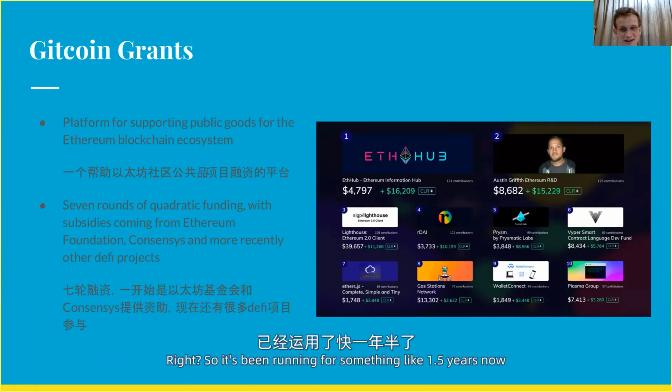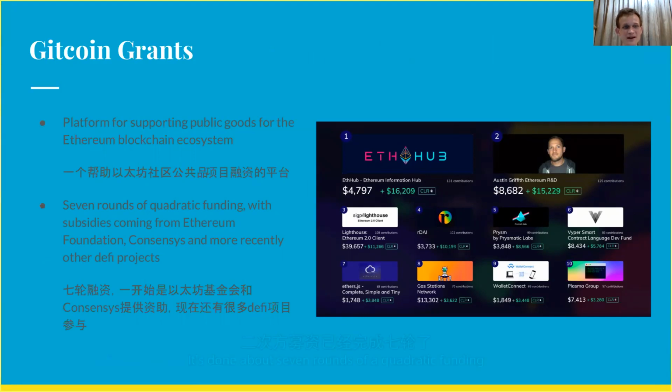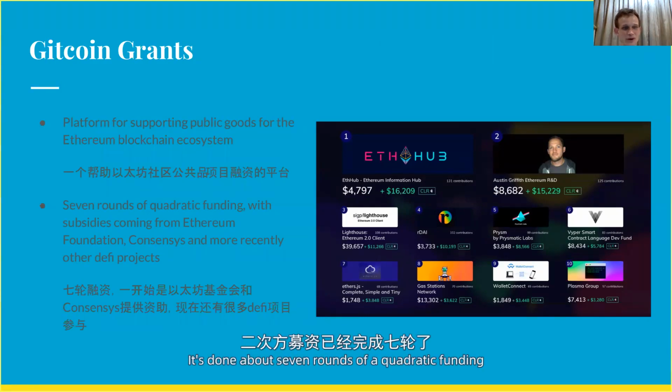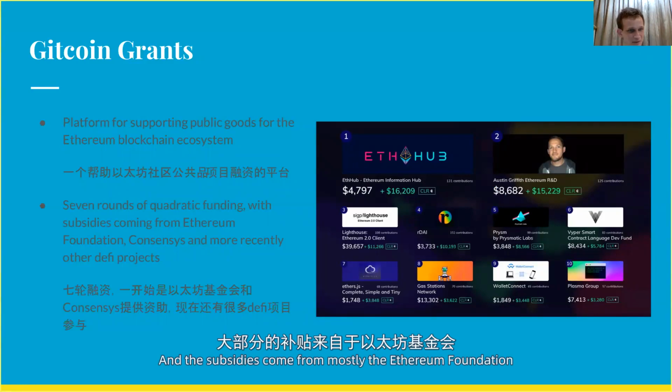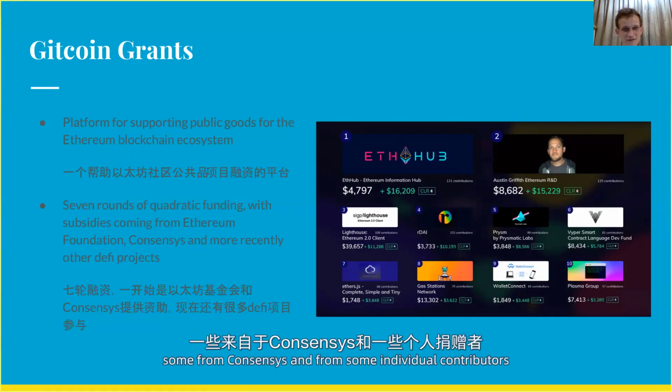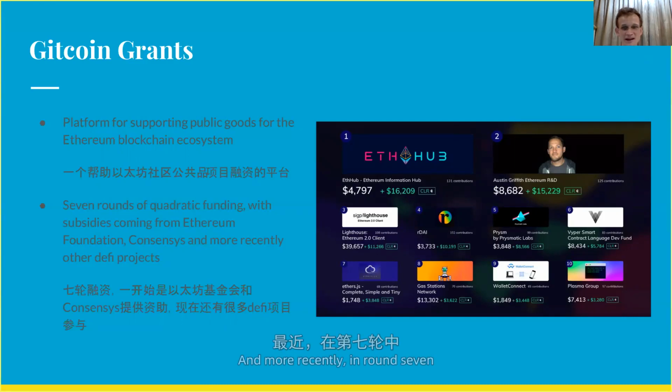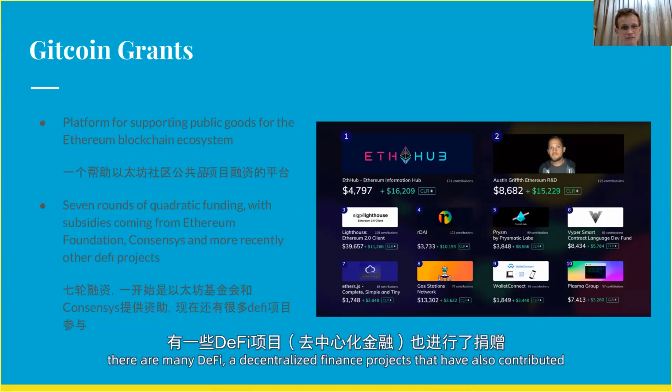It's been running for something like 1.5 years now. It's done about 7 rounds of quadratic funding, and the subsidies come mostly from the Ethereum Foundation, some from Consensus, and some from individual contributors. And more recently, in round 7, many DeFi, decentralized finance projects have also contributed.